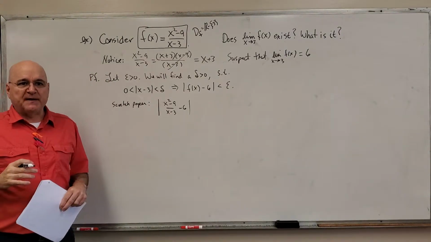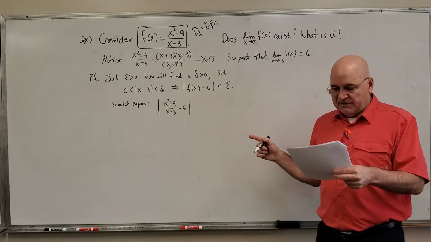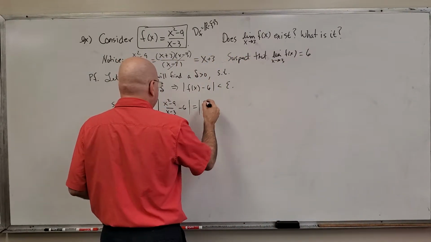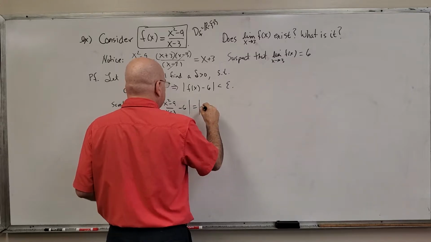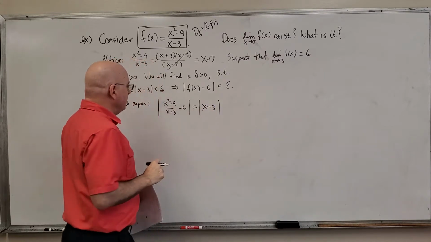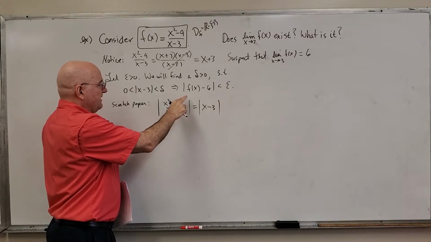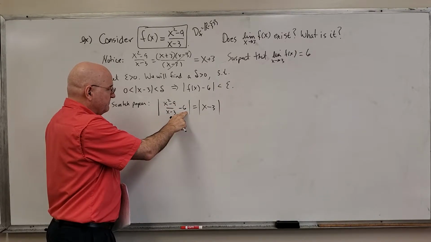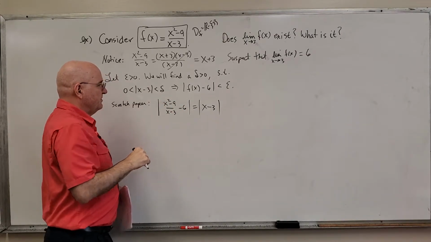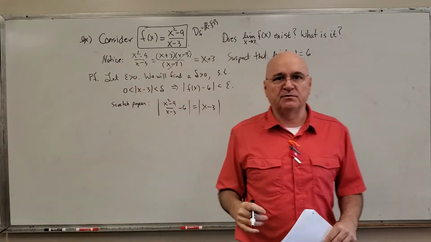I'm doing the scratch paper so we can figure out what value of delta will work for us. Let's do a little bit of algebra and simplify this. Get a common denominator, I'll let you do the algebra. So 6 times (x minus 3) over (x minus 3), so 6x minus 18. Move all that together, factor it, and you're going to get an x minus 3. If you haven't convinced yourself of that, we'll do it after class.